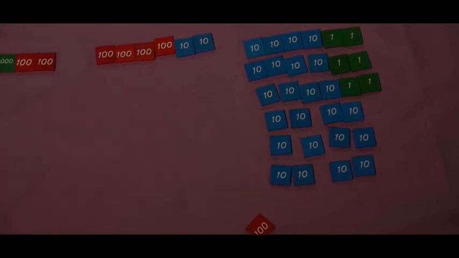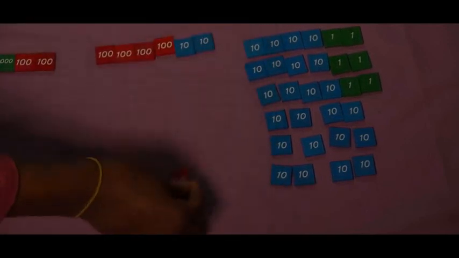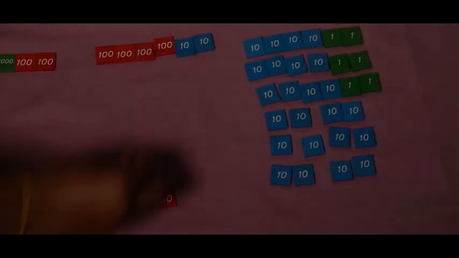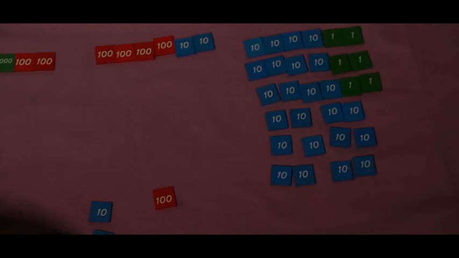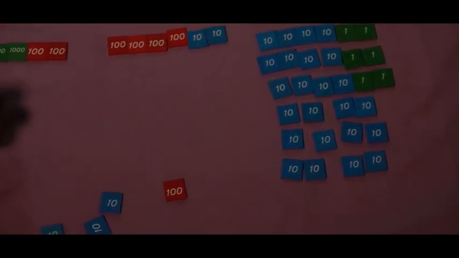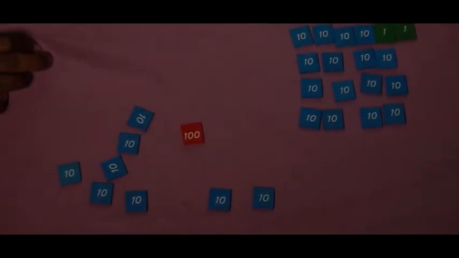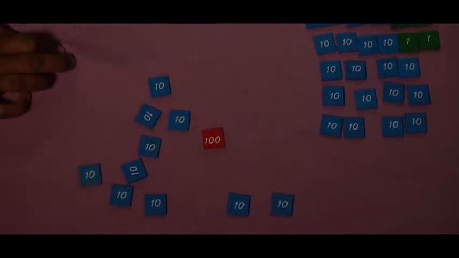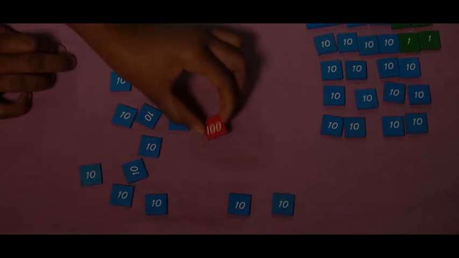You have to exchange this 100 for 10 tens. 1, 2, 3, 4, 5, 6, 7, 8, 9, 10.